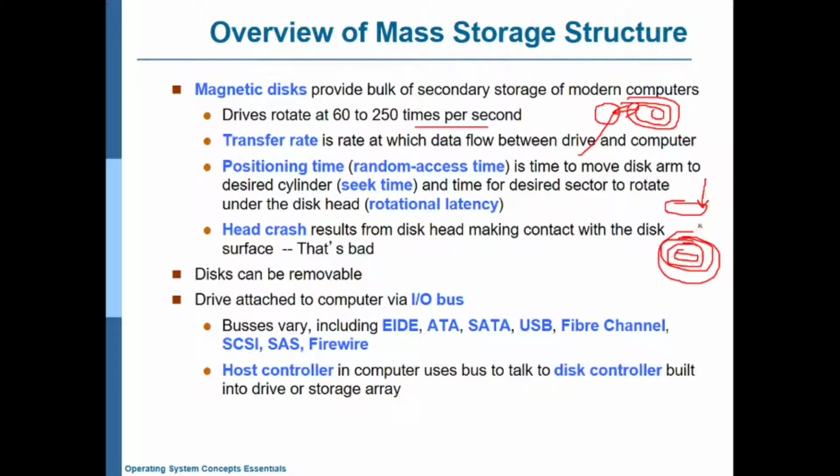If any data has to be fetched, the arm keeps moving from one sector to another. That is called positioning time, the time to move the disk arm to the desired cylinder.